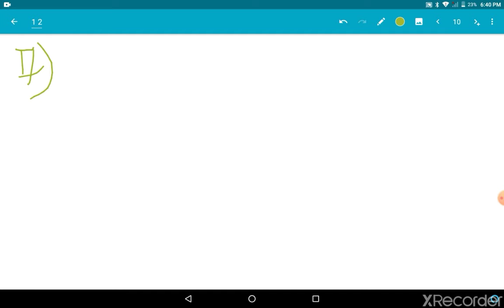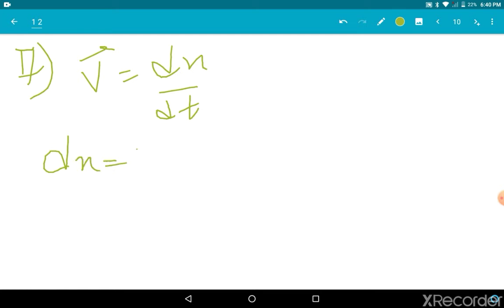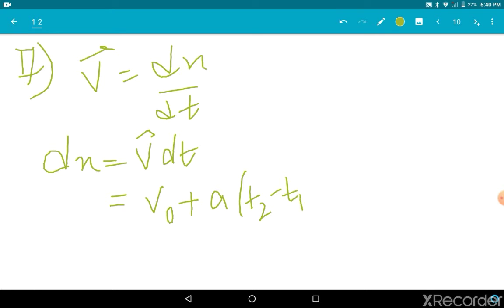Now we know that v is nothing but dx by dt. So I can write dx is nothing but v dt. Now v, I learned now what it was, v0 plus a times (t2 minus t1), dt. Now integrate, let's go to the next page actually for this.